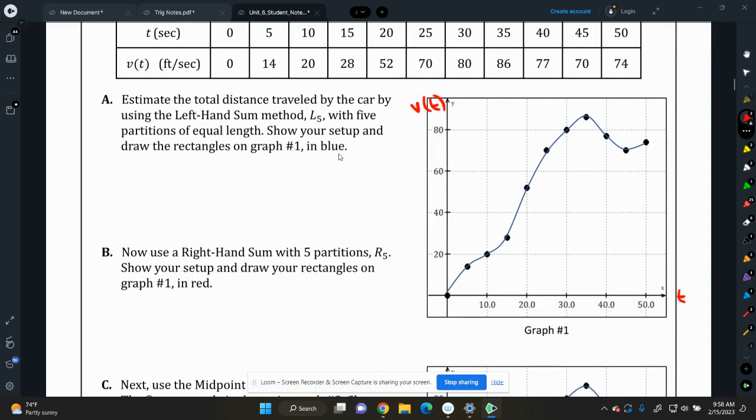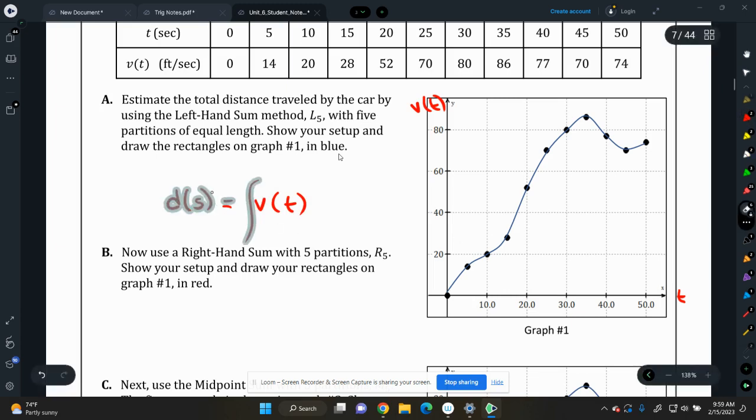Remember the integral. How did the integral and the derivative relate? They're opposites. The integral is the antiderivative. So if I take the derivative of a position function to get velocity, then if I integrate velocity, I get the distance. So the integral of velocity is the distance.